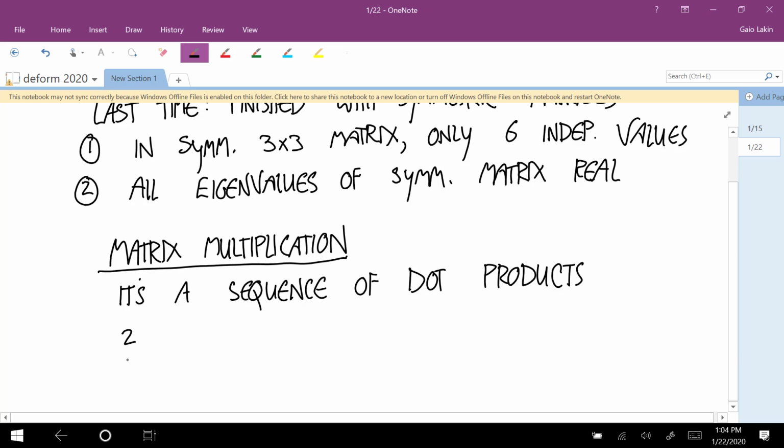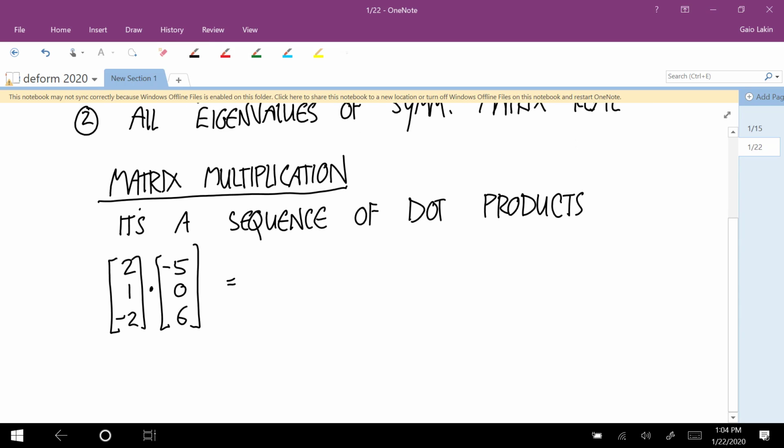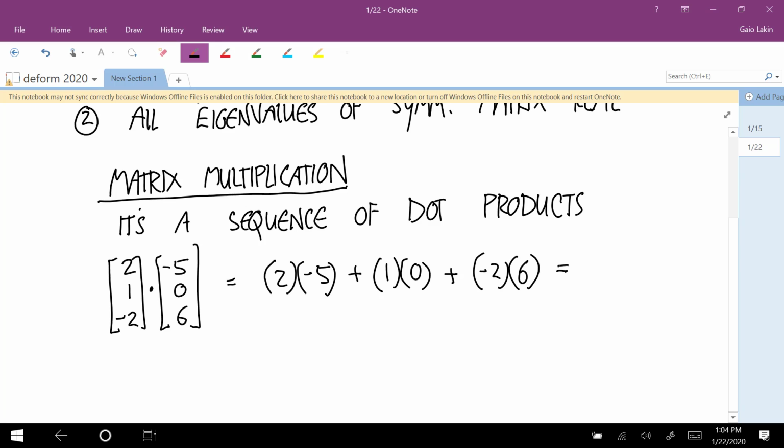So let's think of the dot product 2, 1, -2, dotted with -5, 0, 6. The way you calculate that is 2 times -5 plus 1 times 0 plus -2 times 6. And so you get a scalar value of -22.